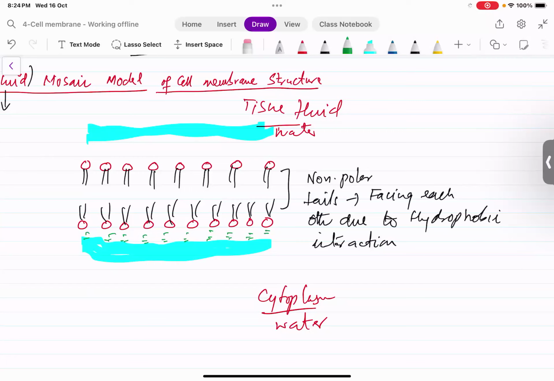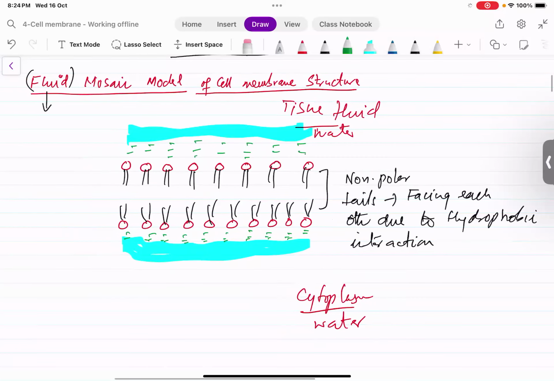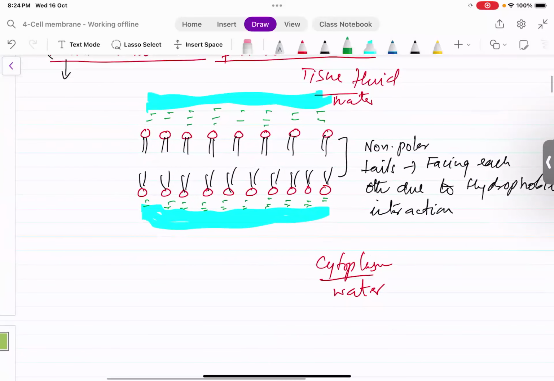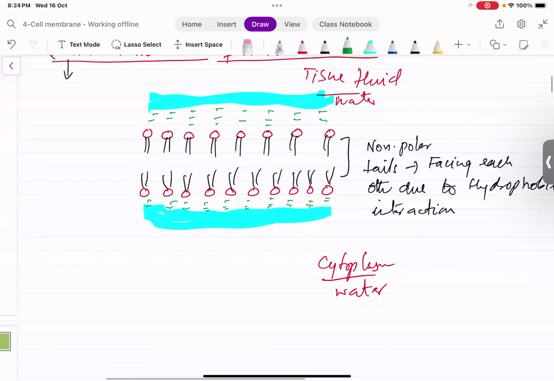According to the fluid mosaic model, these individual phospholipid molecules can move within a monolayer. They can diffuse within a monolayer. They are continuously moving. These phospholipid molecules can move from one place to another. So that is why it is known as fluid.